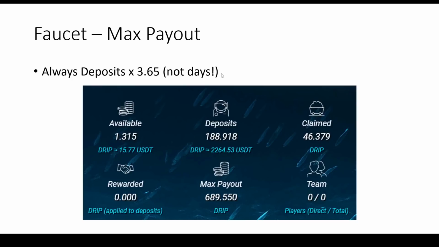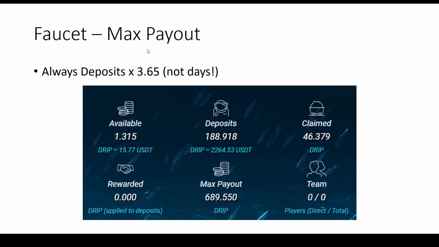Here's another point of confusion. So many people don't understand what happens when they hydrate and when they compound, and what happens after 365 days, and is the timer reset, and is it more than 365 days? No, it's not days.